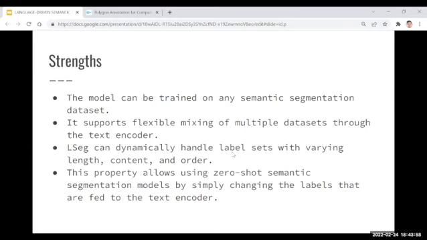And next, language segmentation can dynamically handle label sets with varying length, content, and order. This is done by using the embeddings. This property allows zero-shot segmentation, where the dataset is not that much labeled as compared to few-shot semantic segmentation, by simply changing the labels that are tied to the text encoder.